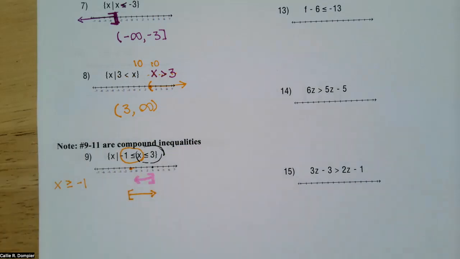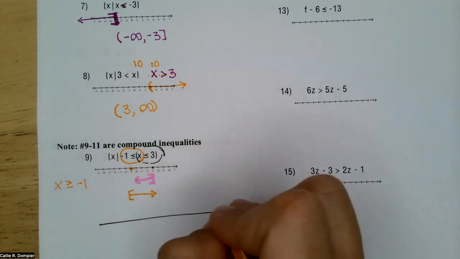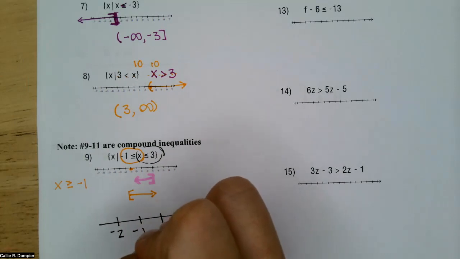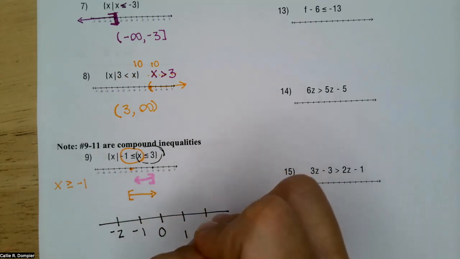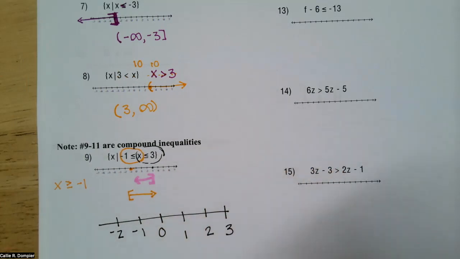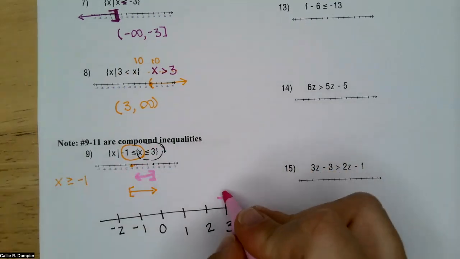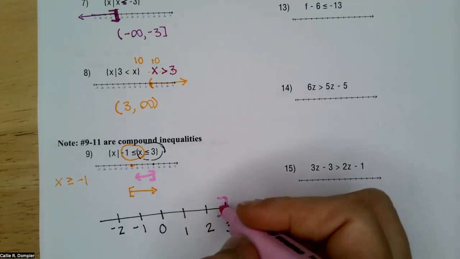So here's my number line. I'm going to redo it. Here's -2, -1, 0, 1, 2, 3, right? So I had 3 with a bracket to -infinity.